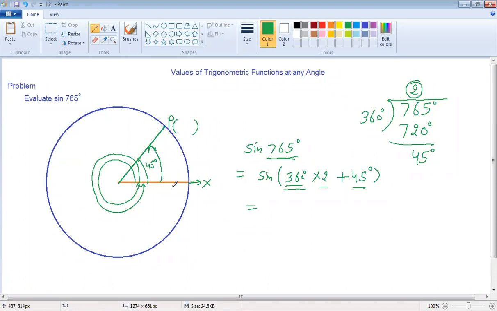The angle is not coming to 0, but whichever trigonometric ratio we want to find, it will start as if rotation is starting again. So we can write sine of 45 degree.